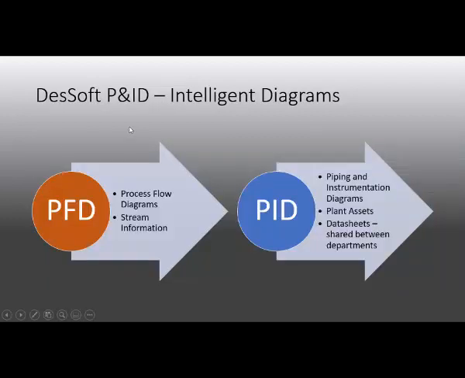Our DesSoft P&ID is a really intelligent system. Every symbol is linked to the database, and we have the two different modes: the process flow diagrams, where you have all the process equipment on the diagram that's linked to the database with all the different properties, as well as your stream information. And then that process flow diagram can be saved as a P&ID, where you can add all your instrumentation. Your stream lines become pipes.